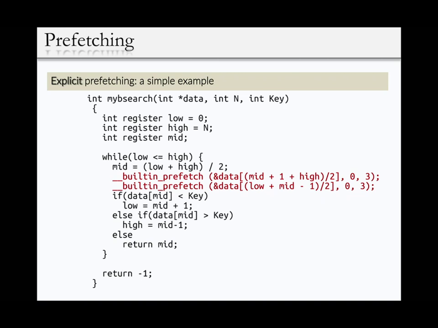Either one of the two will be used in the next iteration, for sure, because either I'll go on the right or on the left. In any case, my next comparison will be this one, and so better that this datum is already there, right? So, since I'm a clever guy, I tell the CPU, okay, give me both, because I don't know which one I will use. So just put both in the cache.